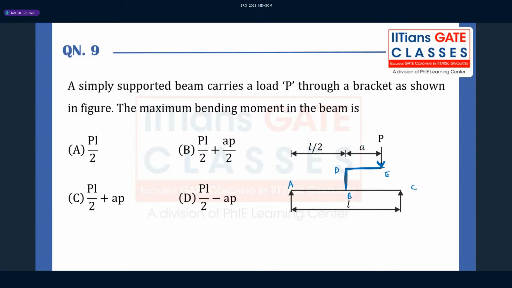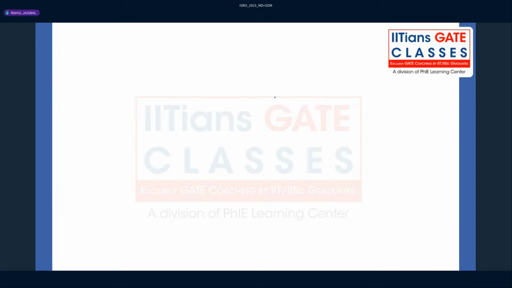Now they are asking what is the maximum bending moment which is acting in the beam, right? So for that, let me take separately here A, B. Here we have B. Here we have C, BDE.